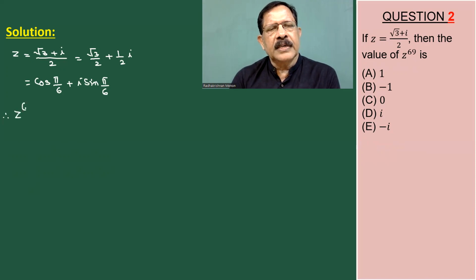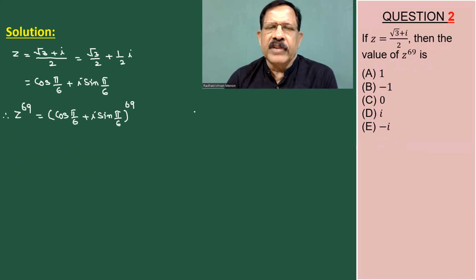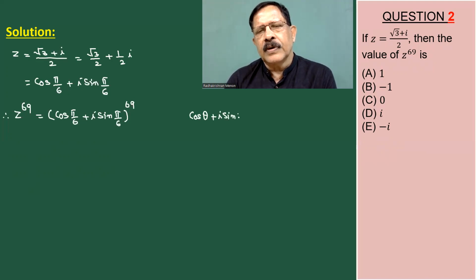Therefore, Z raised to 69 equals (cos pi by 6 plus i sine pi by 6) whole raised to 69. So we are using de Moivre's theorem. What is it? (Cos theta plus i sine theta) whole raised to n equals cos n theta plus i sine n theta.